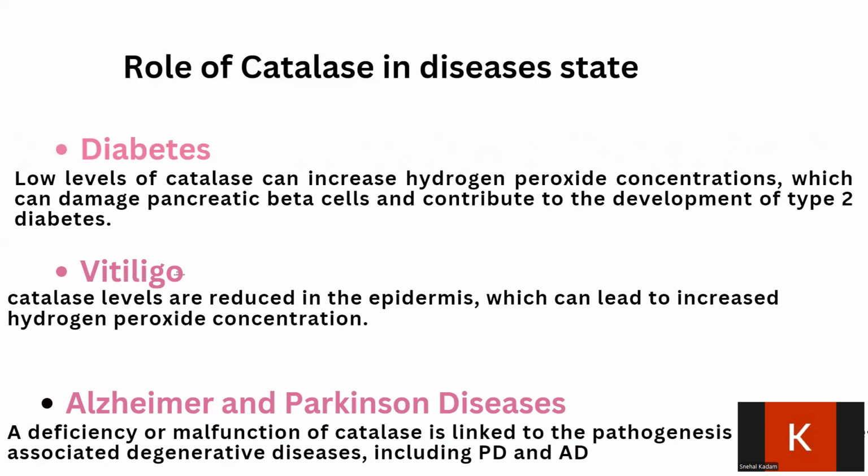Catalase level can be reduced in the epidermis, which can lead to increased hydrogen peroxide concentration. Alzheimer and Parkinson diseases. A deficiency or malfunction of catalase is linked to the pathogenesis of many age-associated degenerative diseases, including Parkinson disease and Alzheimer disease.